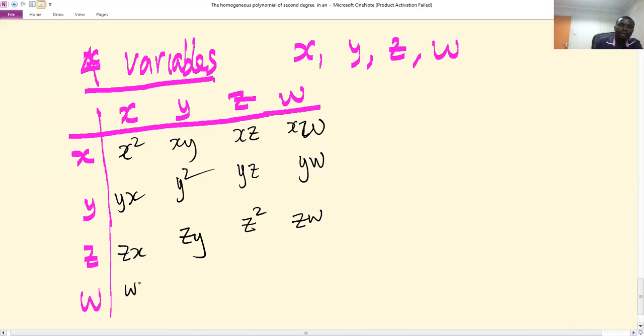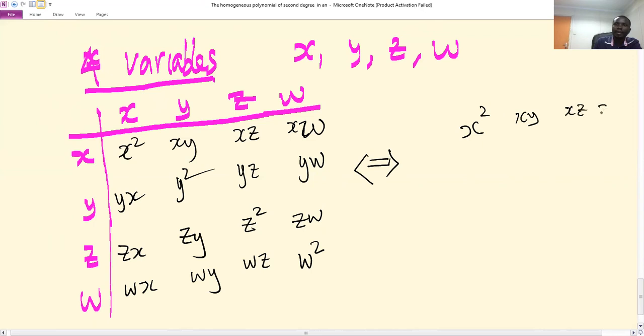W by x is wx, w by y is wy, w by z is wz, w by w is w squared, which is the same thing as writing. We are interested in this structure: x squared, xy, xz, xw. This will be xy the same as yx, yx the same as xy.